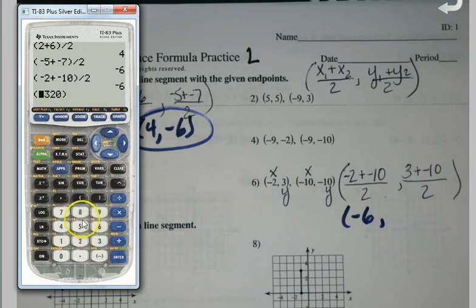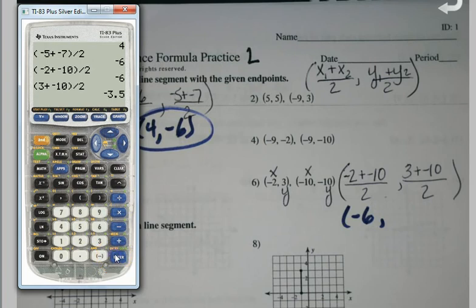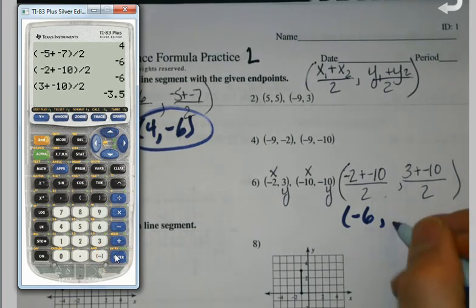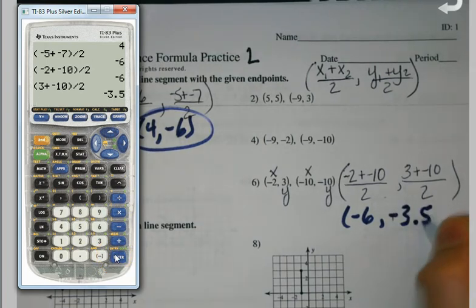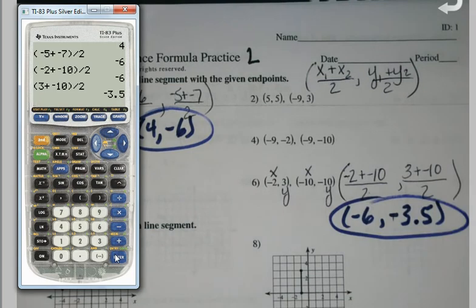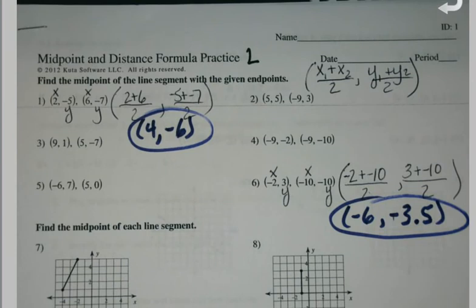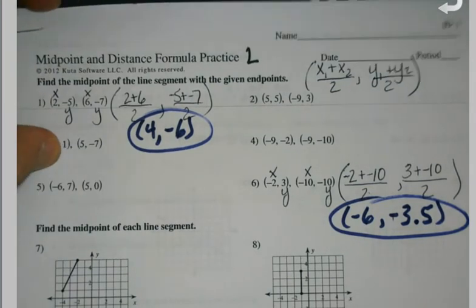Let's try that again. And again, if you get decimals, that's fine. If you want to turn it into a fractional form, that's fine. But either one works.